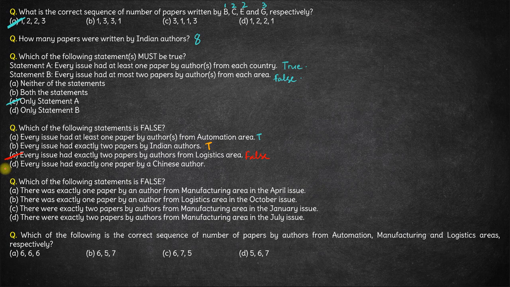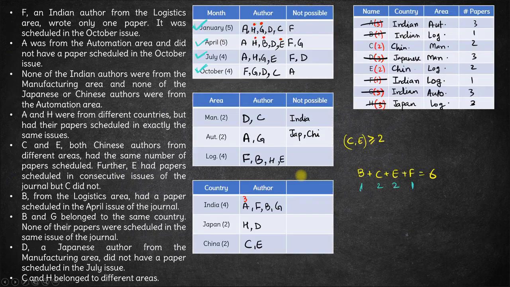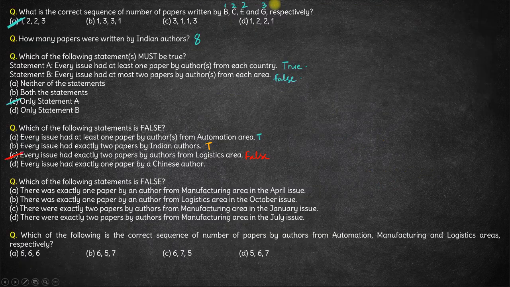Okay. Next question. Which of the statements is false again? So option A, there was exactly 1 paper by an author from manufacturing area in April issue. So in April, who are the manufacturing people? D and C. Out of D and C, only D is publishing. So in April, there is only 1 paper by manufacturing.